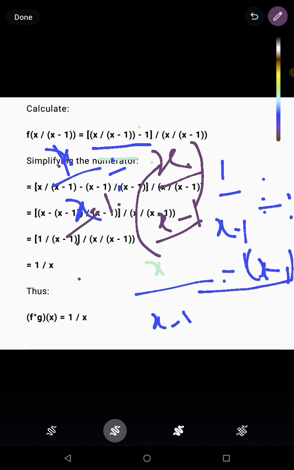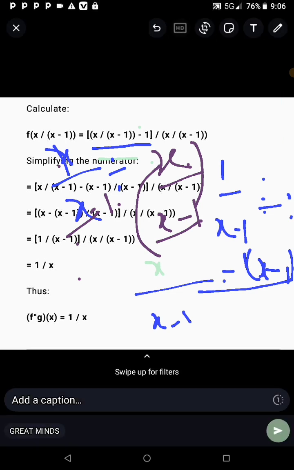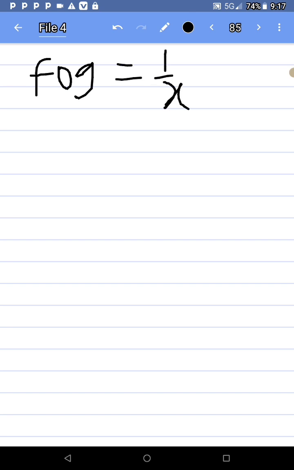But what did they want us to find? They said, okay, let's go for their inverse. How do we do the inverse of that? What we get for f compose g is actually 1 over x. To get the inverse, set this whole thing equal to y.